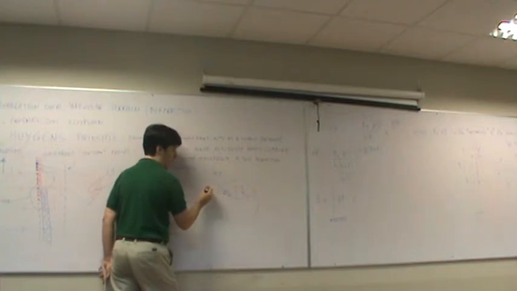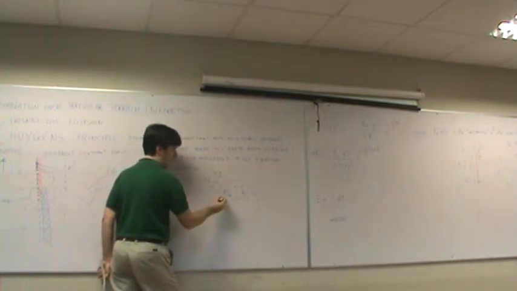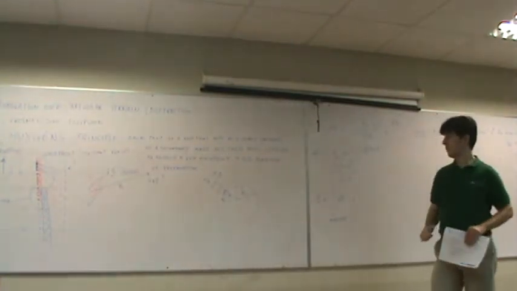I hope it is not too small. So this is going to be the phi, and this is going to be the rho. Can you see it? I suppose.